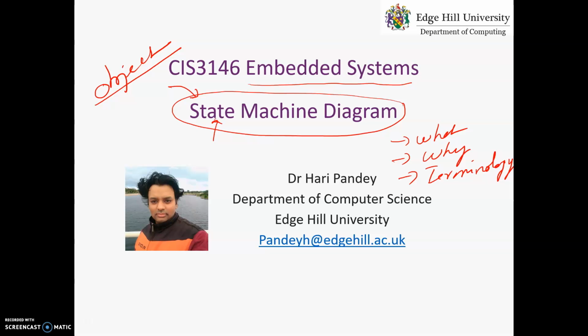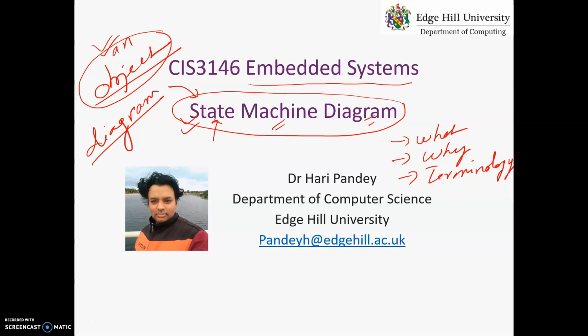State means we want to analyze the sequence of events for an object, and in order to analyze the sequence of events, we would like to develop a diagram which will explain the sequence of events for an object, and that is why we call it a state machine diagram.